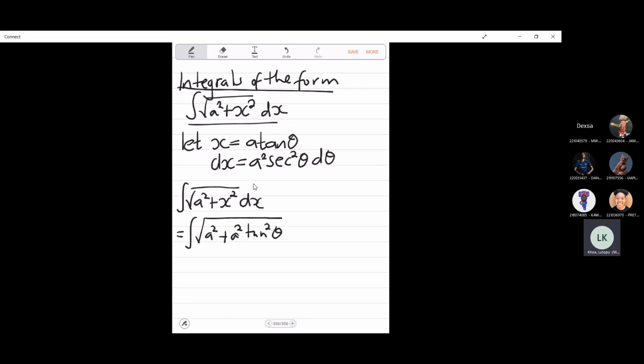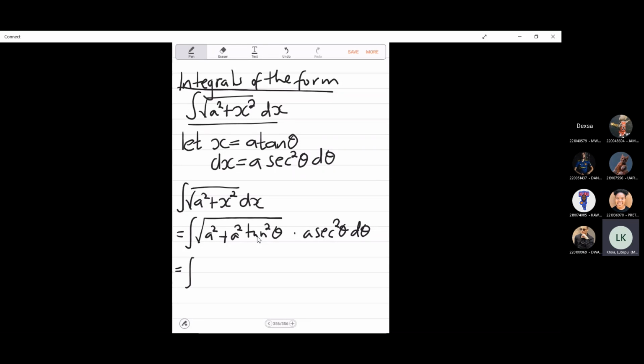And then dx is a sec squared theta d theta. Then you can see here that a is a common factor, so we can factor that out.